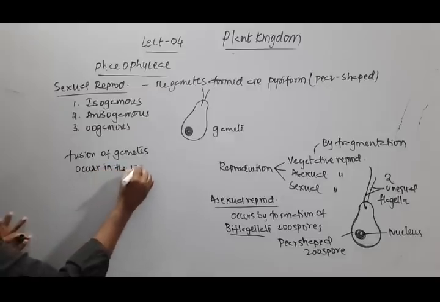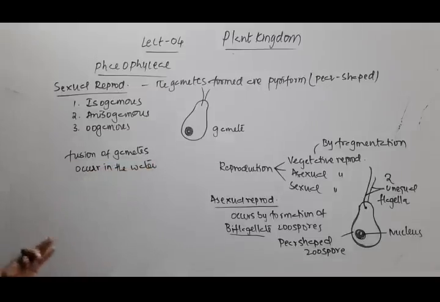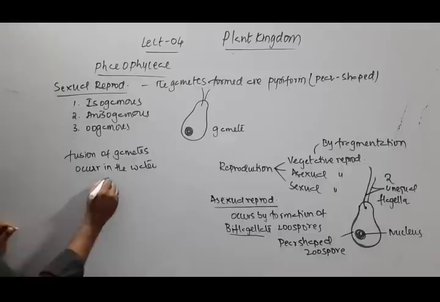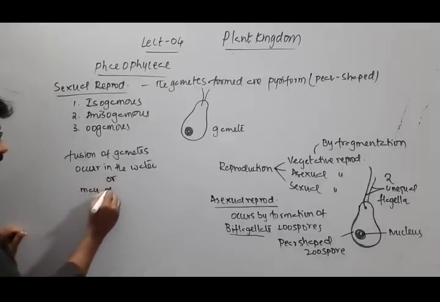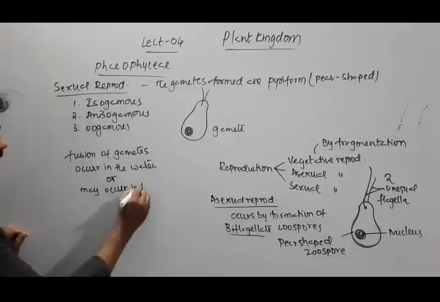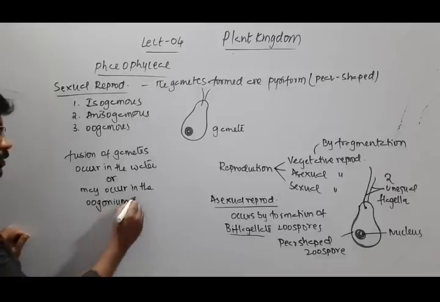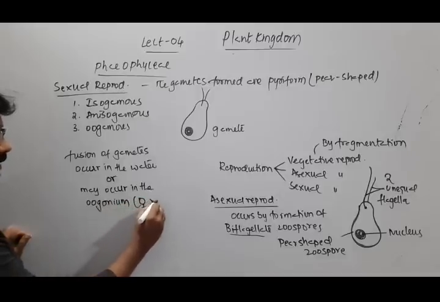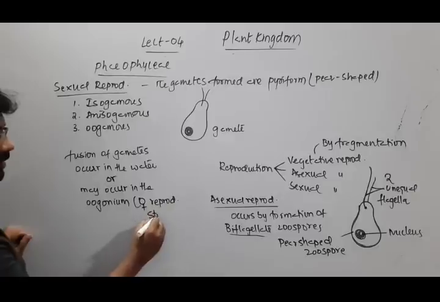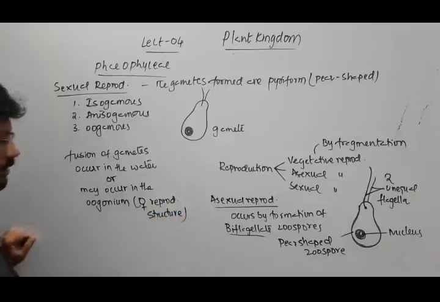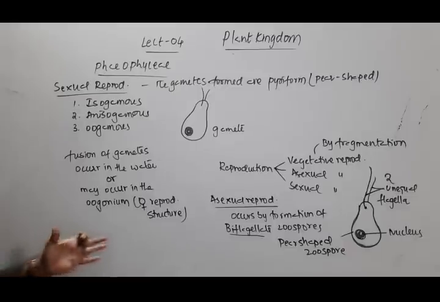in the water. Once the gametes are formed, they are released into the water, and there in the water there may be the fusion of gametes, or it may occur in the oogonium. Oogonium is a female reproductive structure, and if it is the case, we call it an oogamous species.